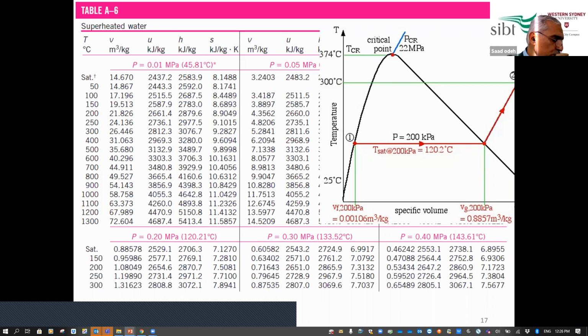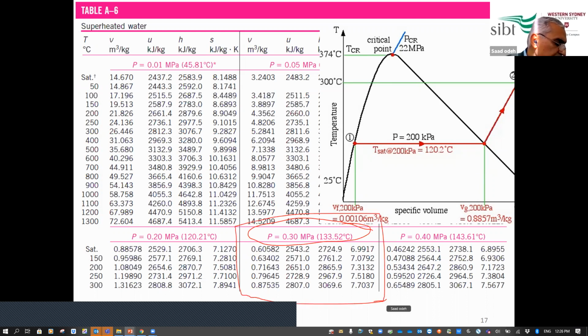First of all, I need to choose the pressure. The pressure is given in megapascal here, so 300 kilopascal divided by 1,000 will be 0.3, correct? So 0.3 megapascal, then I should work in this table.